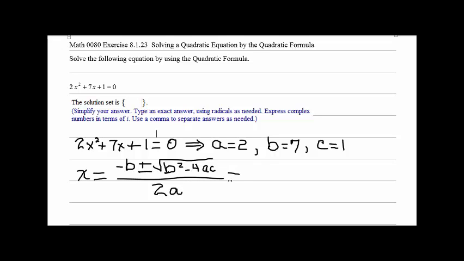So for this equation, that gives negative 7 plus or minus the square root of 7 squared minus 4 times 2 times 1, and all of that is over 2 times 2.